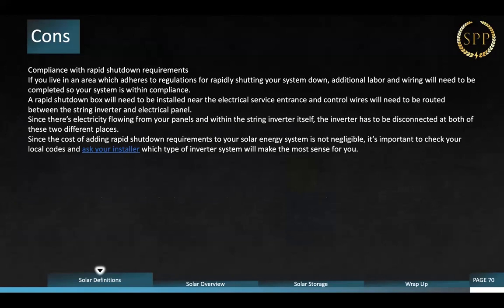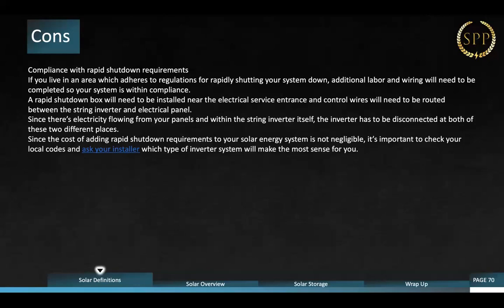Now, here's a con: compliance with rapid shutdown requirements. If you live in an area, which all of us now live in areas, that requires rapidly shutting down your system, additional labor and wiring will be required to shut down your system within compliance. A rapid shutdown box will be installed near the electrical service entrance, and control wires will be needed and routed between the string inverter and the electrical panel.